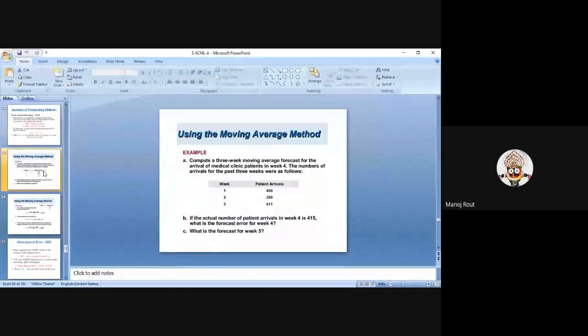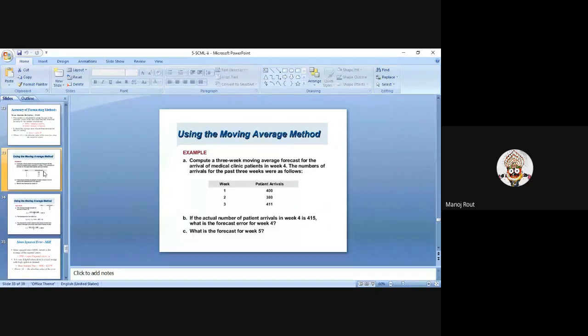First, I just read this one. Compute the 3-week moving average forecast for arrival of medical clinic patients. In week 4, the number of arrivals for past 3 weeks were as follows, and if the actual number of patient arrivals in week 4 is 415, what is the forecast error for week 4? And the last one is, what is the forecast for week 5? You have to calculate this one.